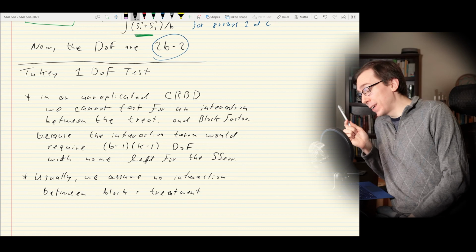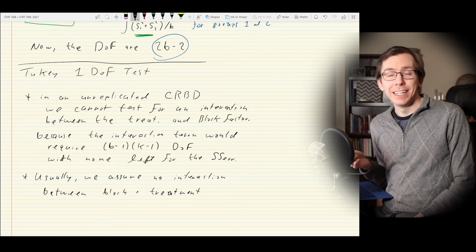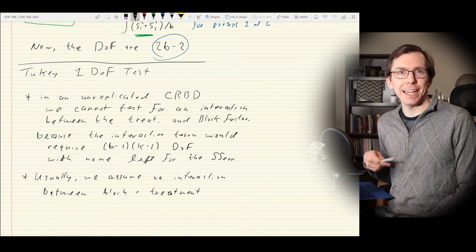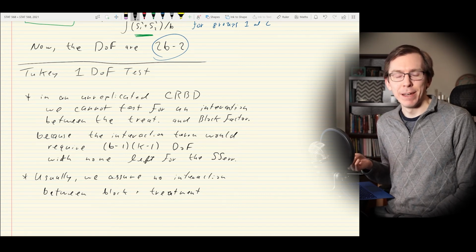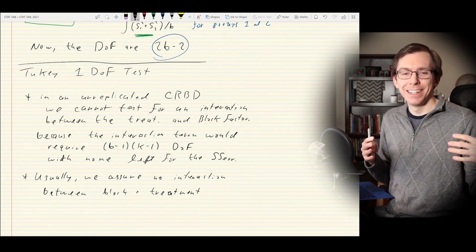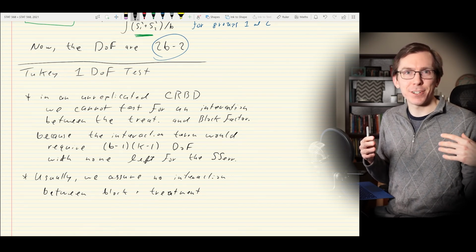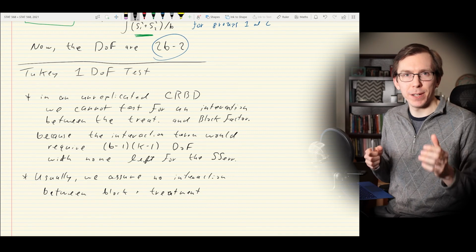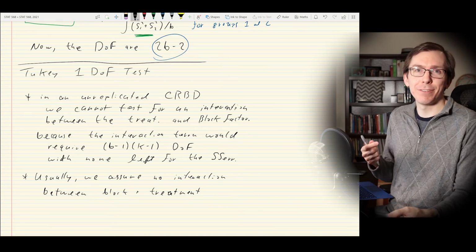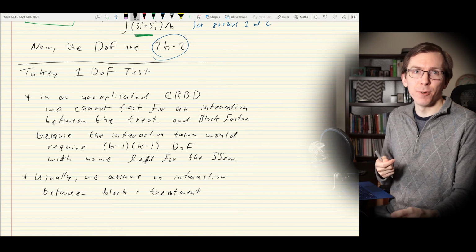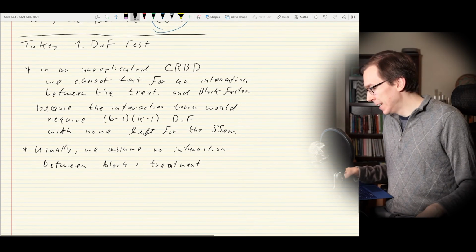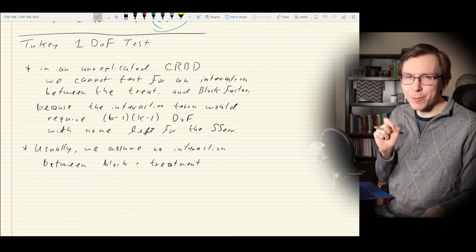Now, if we want to test for interactions, well, the most straightforward way would be to replicate the experiment a second time, and that would give us enough data points to successfully test for all possible interactions between our treatment and our block. But repeating an experiment can often be cost prohibitive or just takes too much time to actually do. So Tukey came up with a slight workaround.